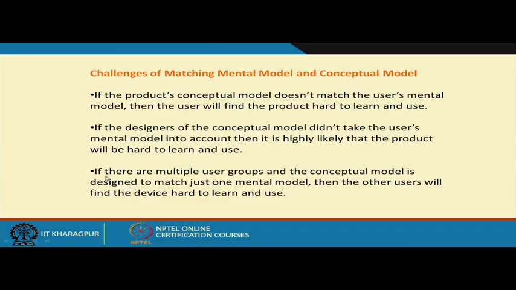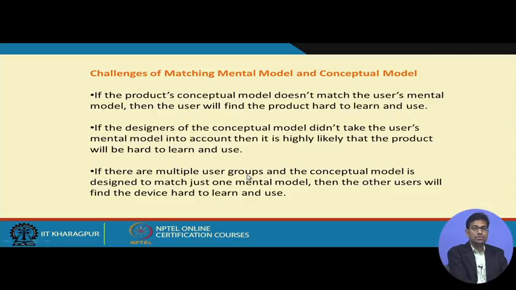Okay. Now, coming to the third challenge, if there are multiple user groups. Many a times it may happen for a particular object that you are designing, that it will have multiple user groups, and those multiple user groups might have multiple exposure to different products and might have multiple mental models.